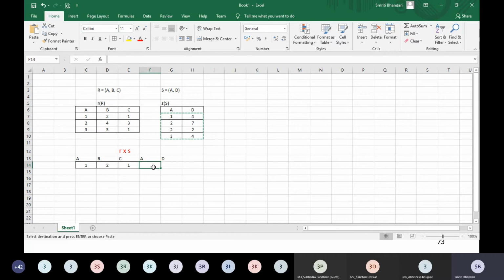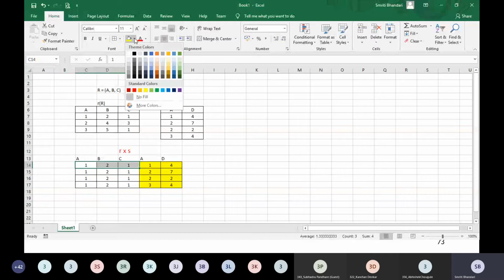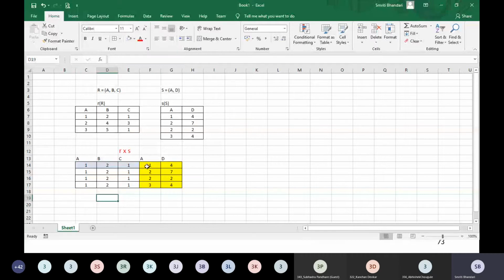and that gets paired with, correct? Are you getting me? Yes. Right? So these are actually the tuples from S. So this first tuple from R gets paired with all the tuples from S. So we'll be having 4 such tuples now.